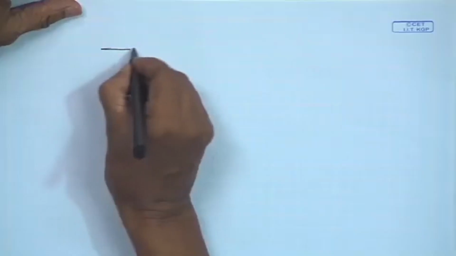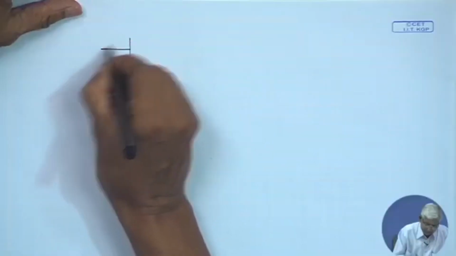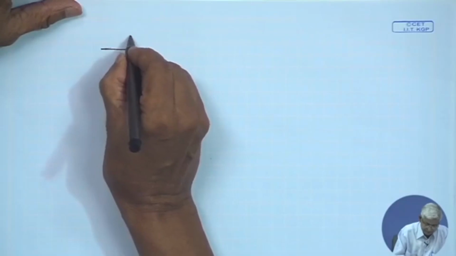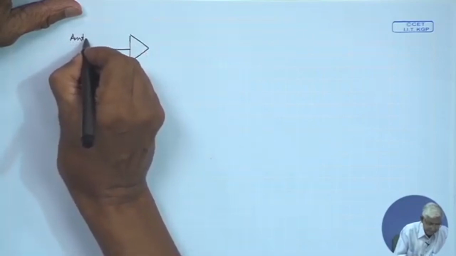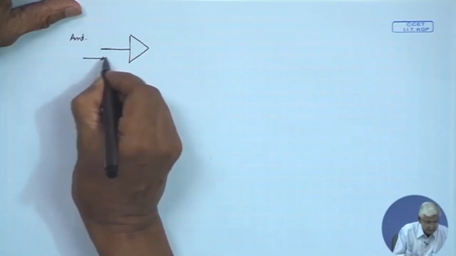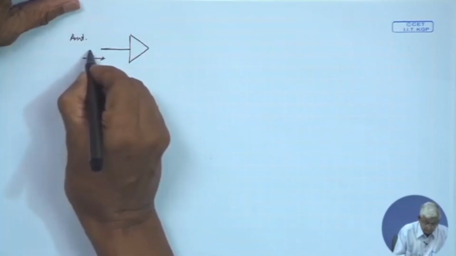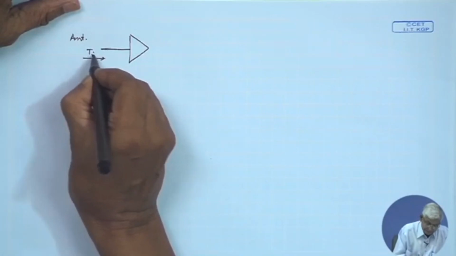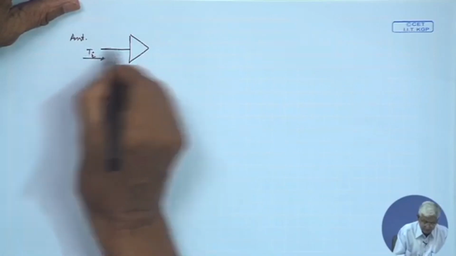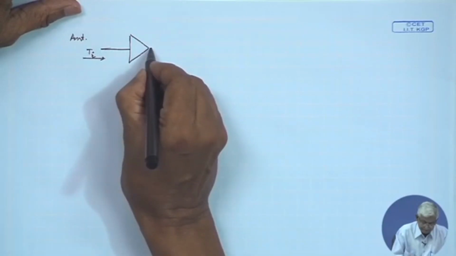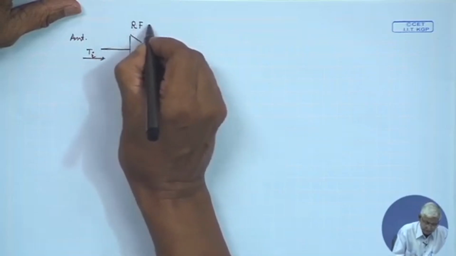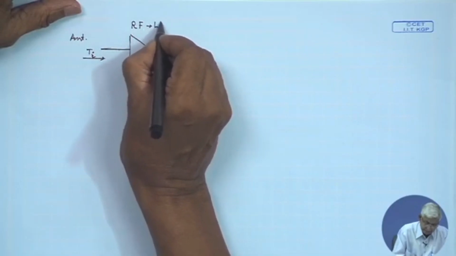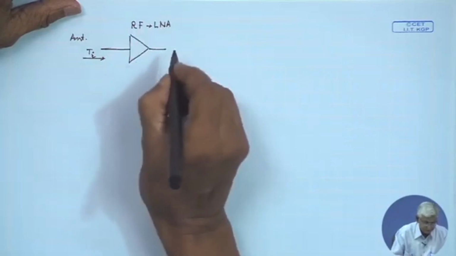Let us say that there is an antenna, and let us exclude the filter for the timing. It is giving some temperature, let us say Ta is coming from the antenna, and this is the RF stage, which is nothing but the LNA, we will see.